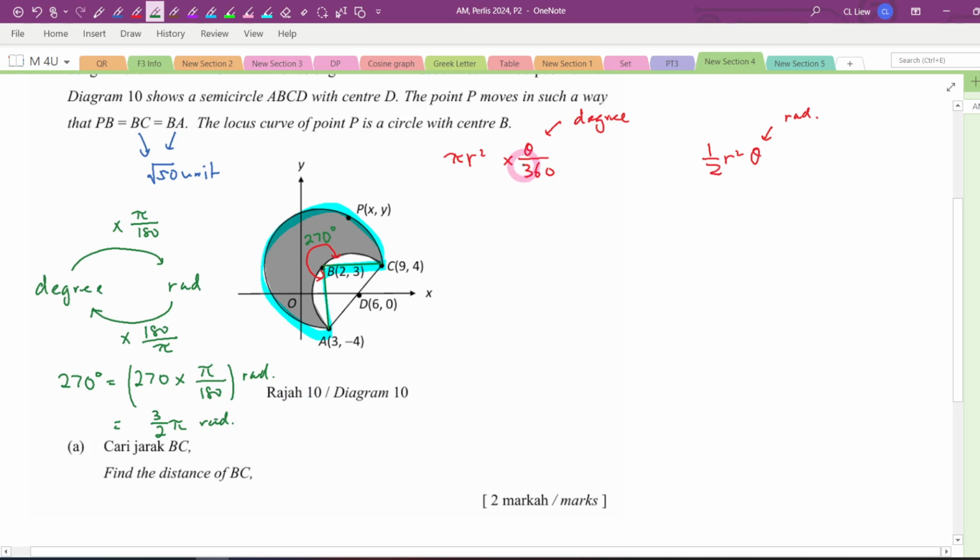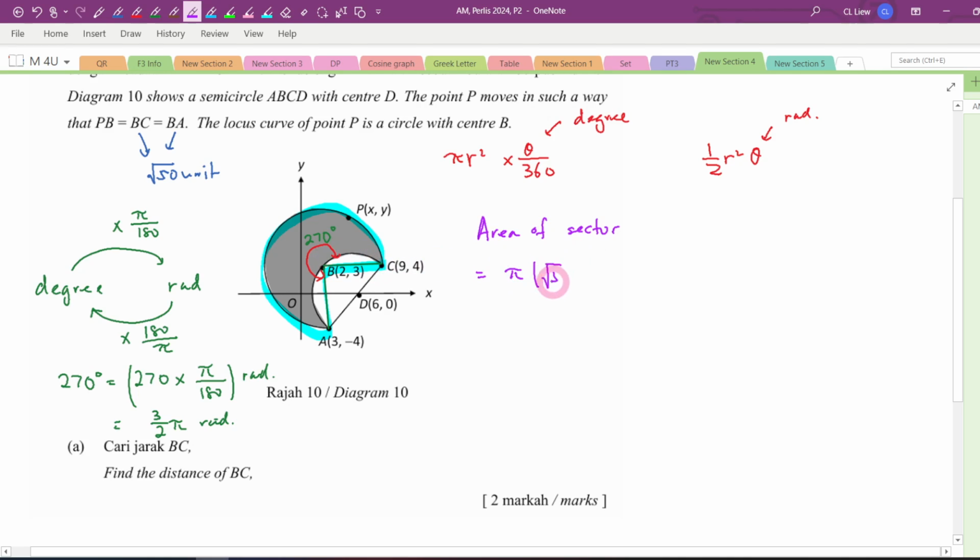Okay, let's use this formula first, and later on I will show you how we use the other formula, and you will notice that both formulae give you exactly the same answer. Pi r squared. Okay, the r is over here, which is the distance of BC.